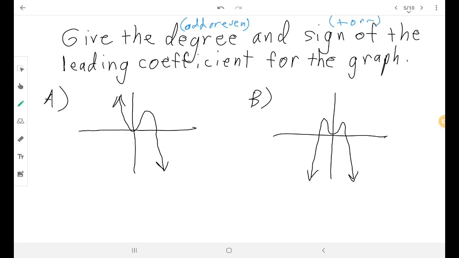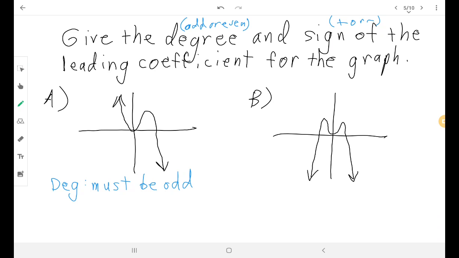Let's look at A here. In A, on one side we're going up, on one side we're going down. And it doesn't really matter which one's up or down for the first part. The degree must be odd.